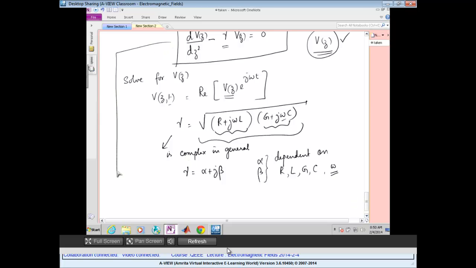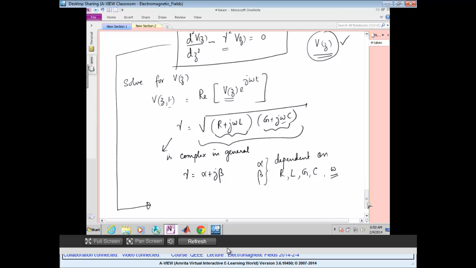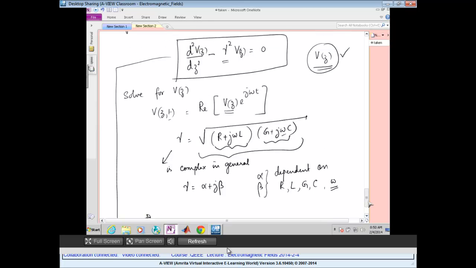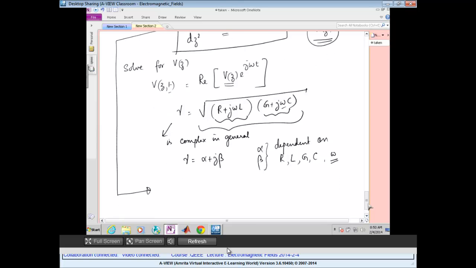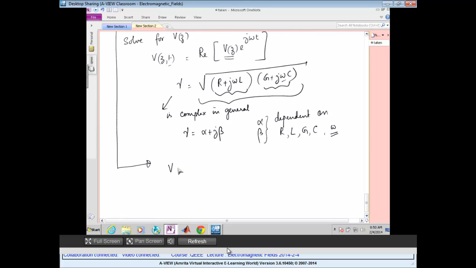Now we go back to the solution of this second order differential equation as a function of space, and maybe as a homework I want you to try out this solution. I call this V(z) equals V naught plus e power minus gamma z plus V naught minus e power plus gamma z.